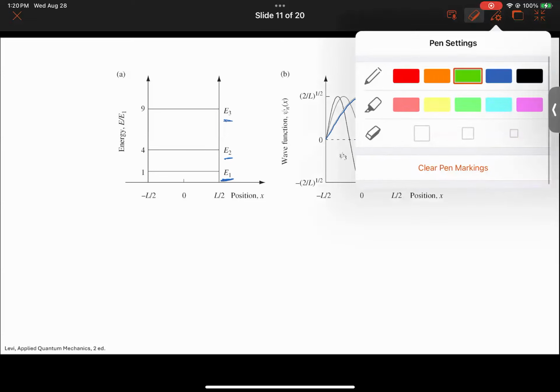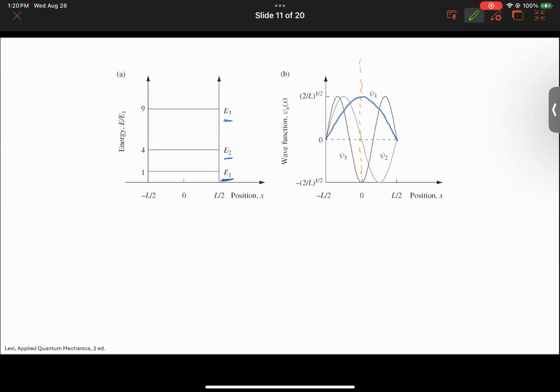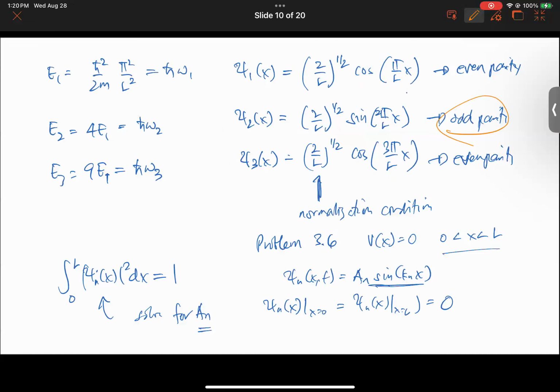Now for the first excited state, psi 2, ito yung magiging result. Hindi lang siya mirror image, pero may inversion ka pa na, pag ganyan. So yun yung ibig sabihin dito ng odd parity.